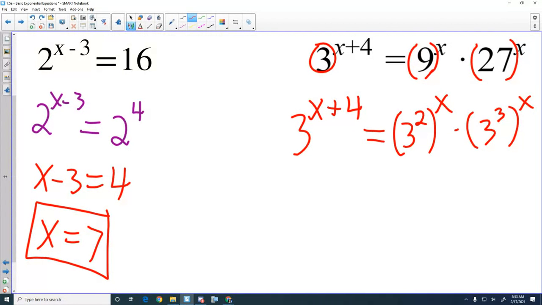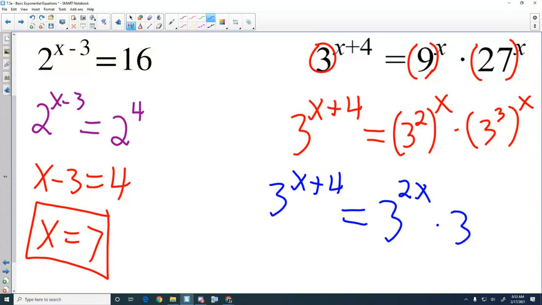Now I've got a couple parentheses. We're going to need to simplify that and rewrite this as 3 to the x plus 4 equals, when there's parentheses, how do I combine those exponents? Do I add them or multiply? We're going to multiply. So that's 3 to the 2x times 3 to the 3x.